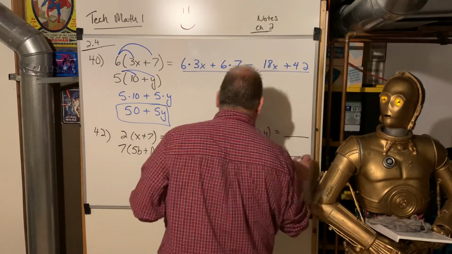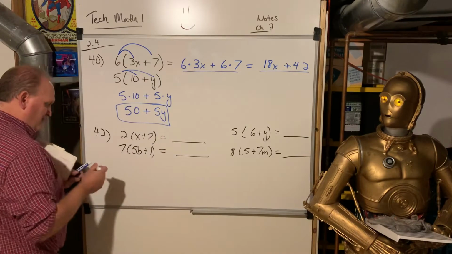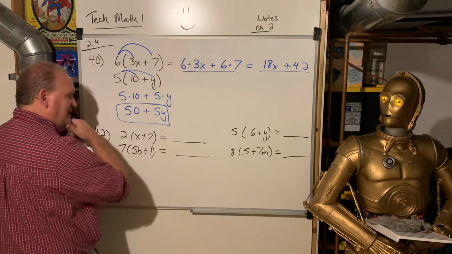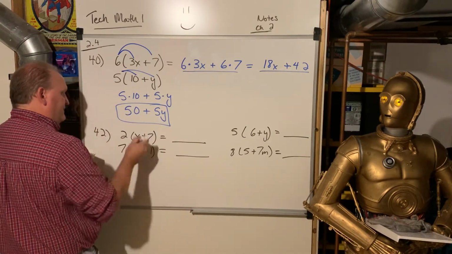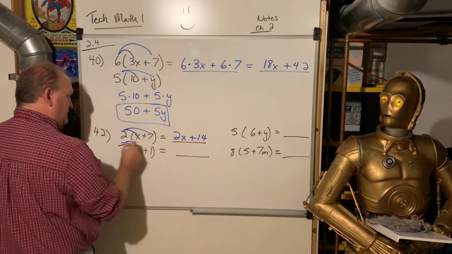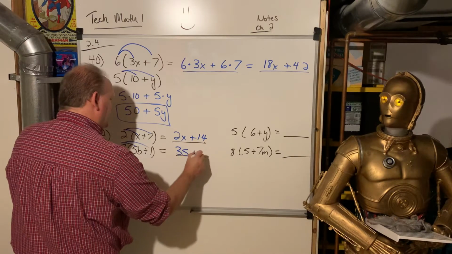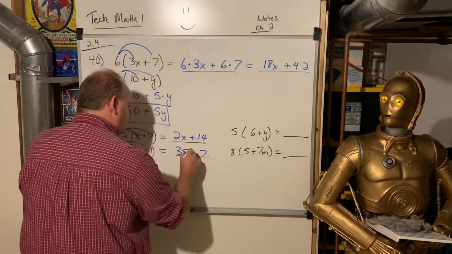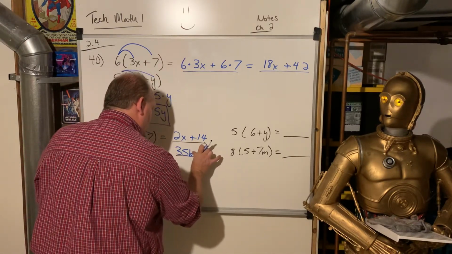And so it's just to save room, I think, that they busted out the equals sign. But 2x plus 14, 35 plus 7, 35b, oops, don't forget the variable.